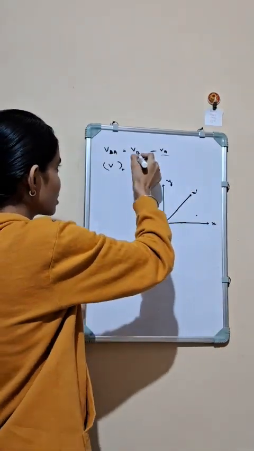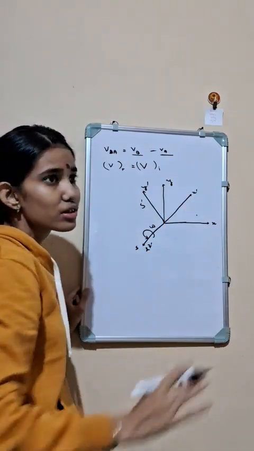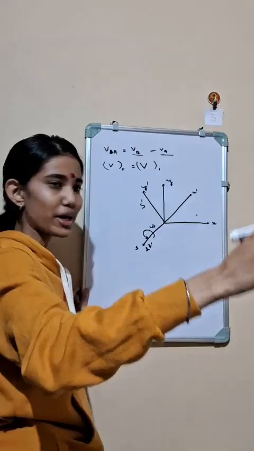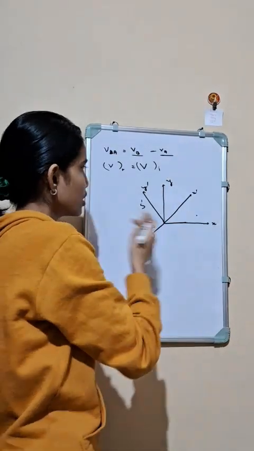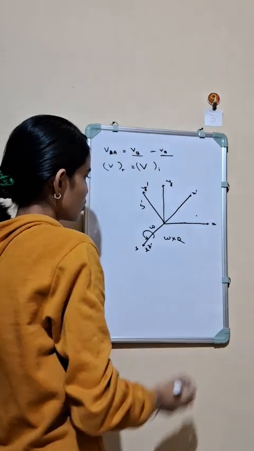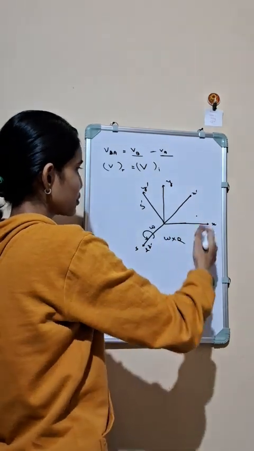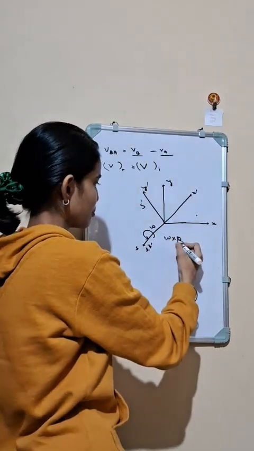We are saying the actual velocity of B minus the velocity of the observer from the A reference. So this velocity will be equal to omega cross R, which is the linear velocity of this rotating frame.